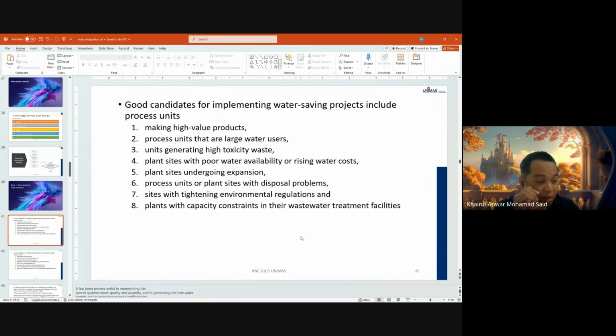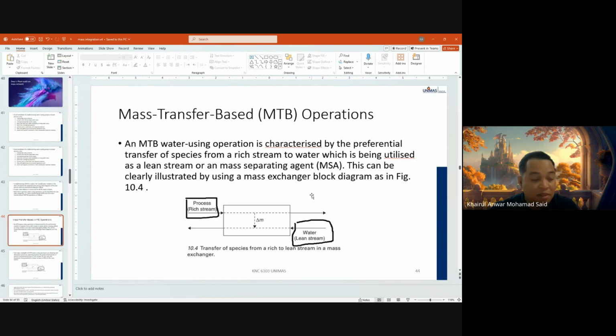We map every single water-using unit to establish an exact water mass balance. We can categorize every operation into one of two operational archetypes, either mass transfer based or non-mass transfer based.